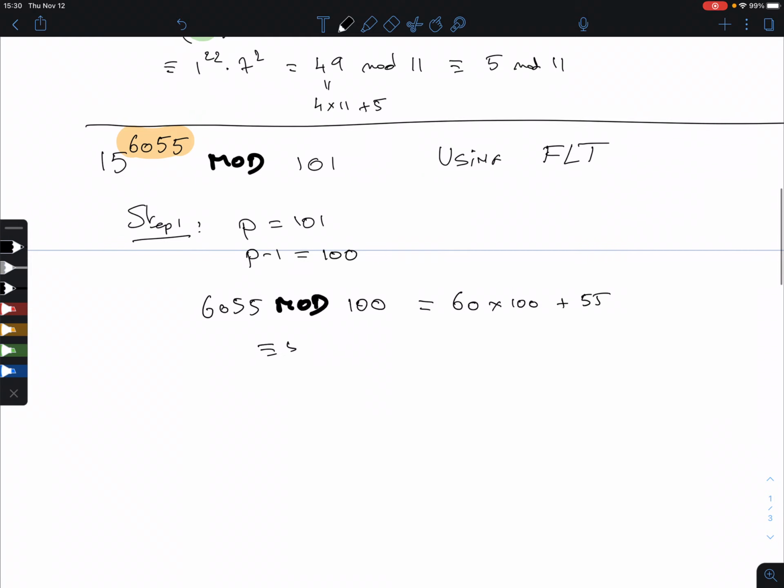So this is equivalent to 55 mod 100. So step 2, this means that I can replace this big exponent by this very small exponent: 15 to the power 55.